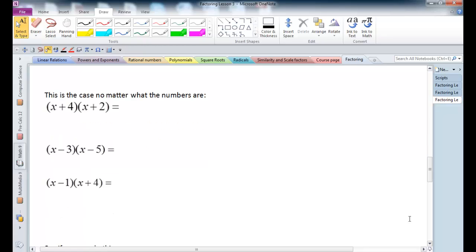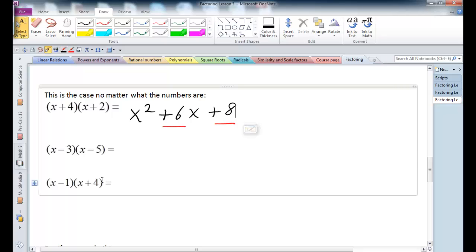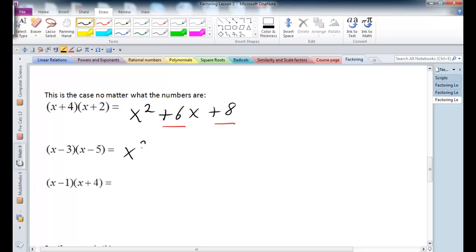Let's do them. X plus 4 times x plus 2, you can see will be x squared plus 6x plus 8. We have a sum of 6 and a product of 8. X minus 3 times x minus 5 will be x squared minus 8x plus 15.